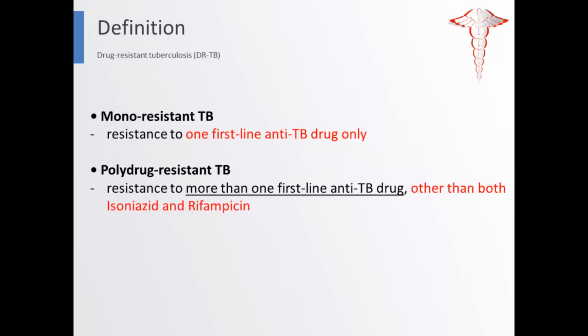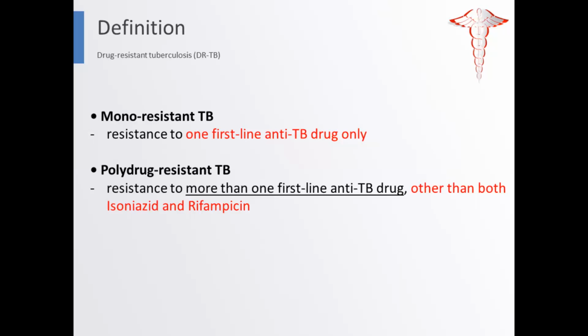Second, we have polydrug-resistant TB. This means resistance to more than one first-line TB drug other than both isoniazid and rifampicin.